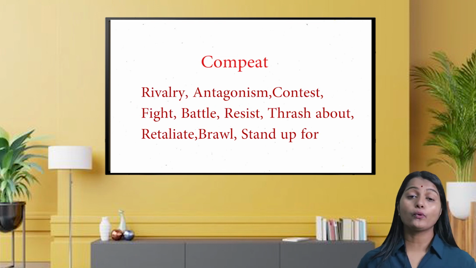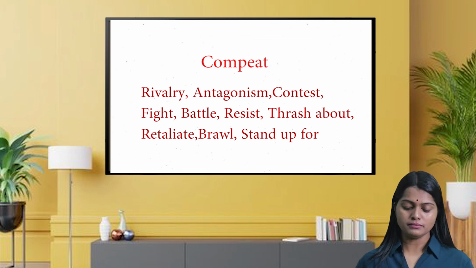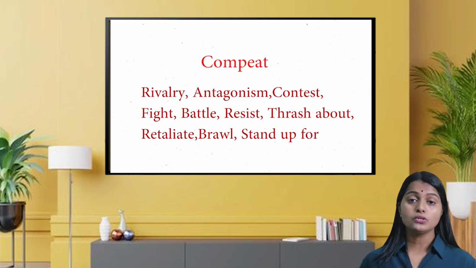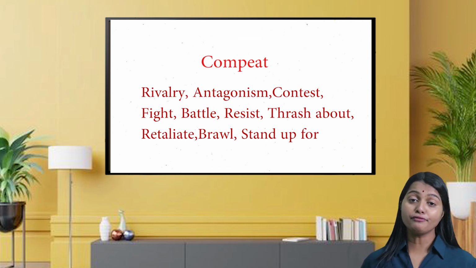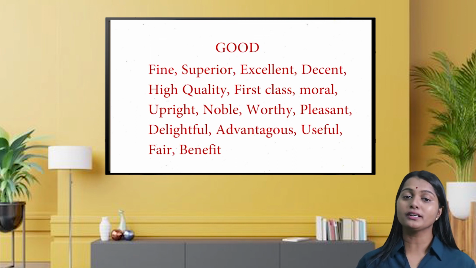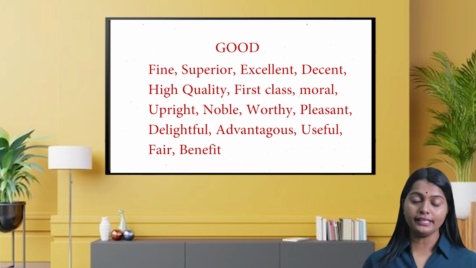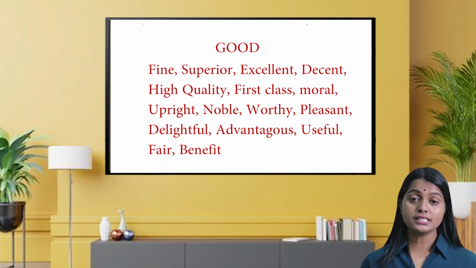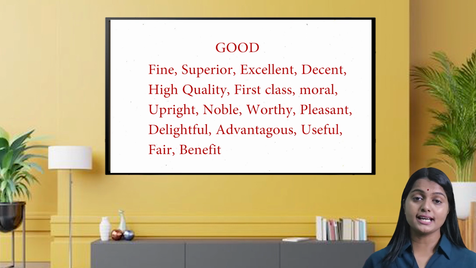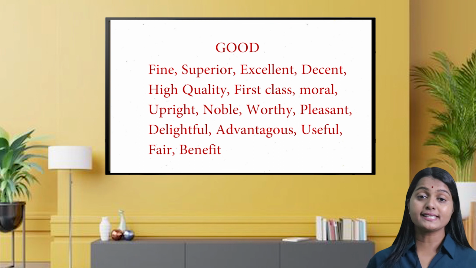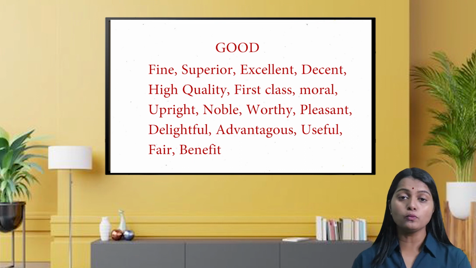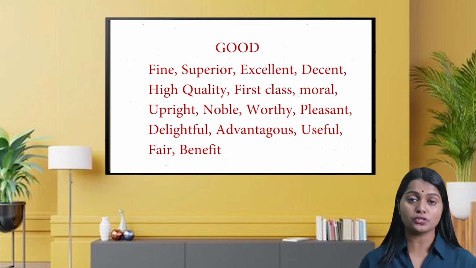And for compete: rivalry, antagonism, contest, fight, battle, resist, thrash about, retaliate, brawl, stand up for. And for the simple word "good": fine, superior, excellent, decent, high quality, first class, moral, upright, noble, worthy, pleasant, delightful, advantageous, useful, fair, beneficial. These are the normal words which you can apply in your Task 2 writing.